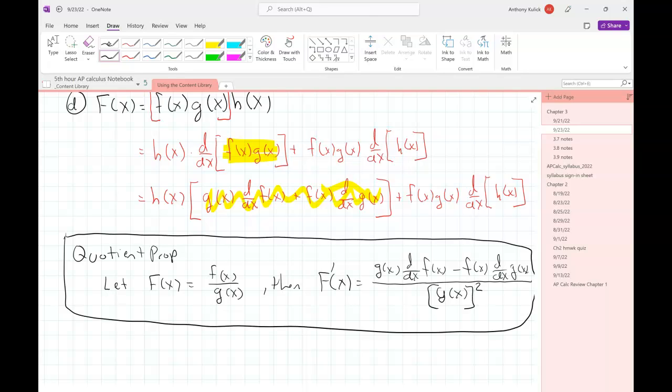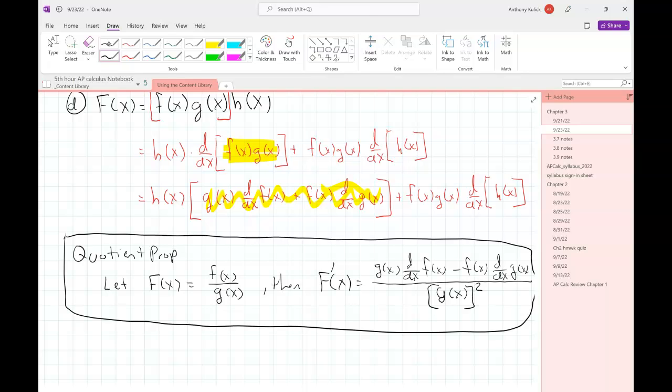You'll use them all the time. The AP exam is expecting them to be memorized. If you need to make some flashcards or a Quizlet or whatever you do to practice your memorization, do that. But these derivative rules that we're creating in this chapter, we 100% have to have memorized.